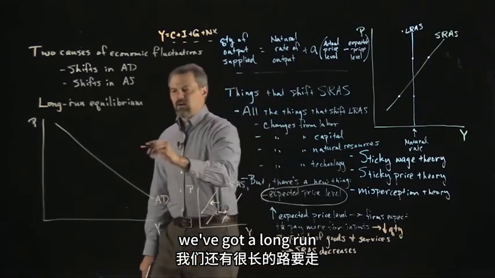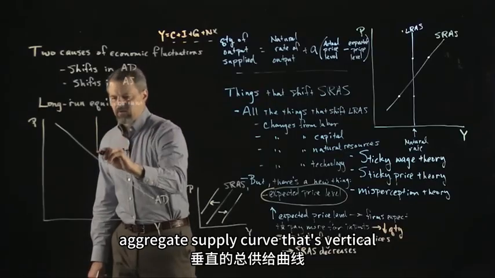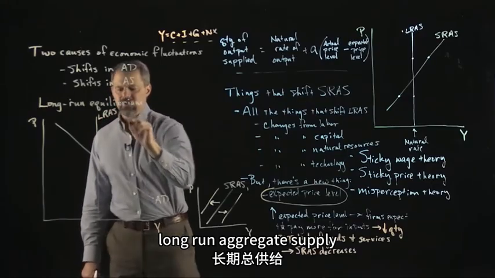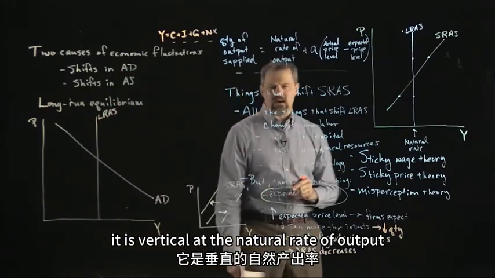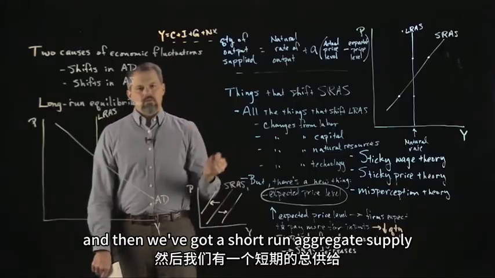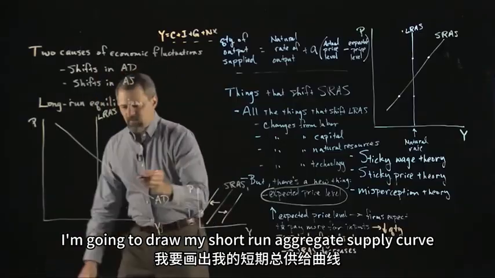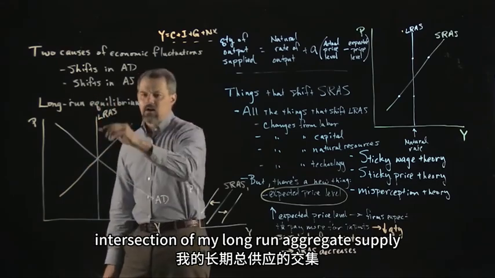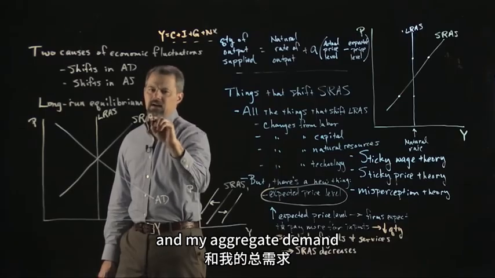We've got price level up here, real GDP down here. We've got an aggregate demand curve that's downward sloping. It looks like this. We've got a long-run aggregate supply curve that's vertical at the natural rate of output. And then we've got a short-run aggregate supply. Now I'm going to draw my short-run aggregate supply curve right up through that intersection of my long-run aggregate supply and my aggregate demand.